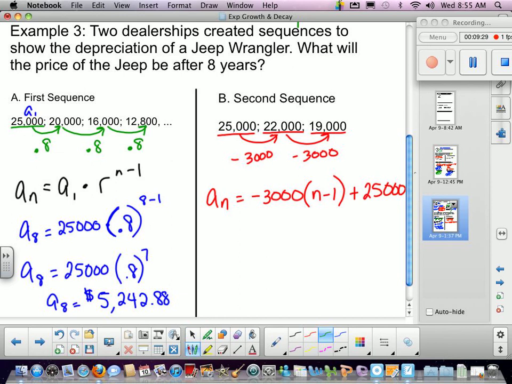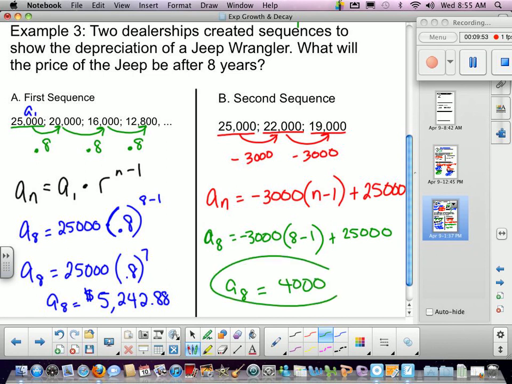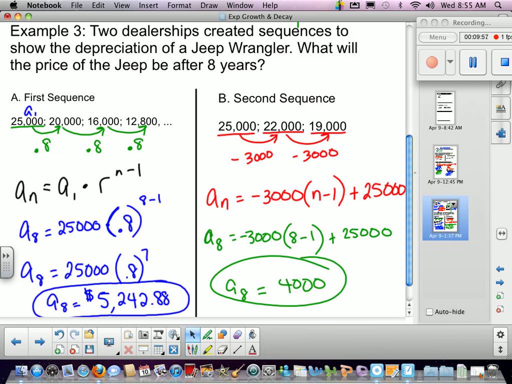Then a sub 8 is equal to negative 3,000 times 8 minus 1 plus 25,000. When I do the arithmetic there, I get a sub 8 is equal to 4,000. So looking at that, there's a quick lesson on geometric sequences.